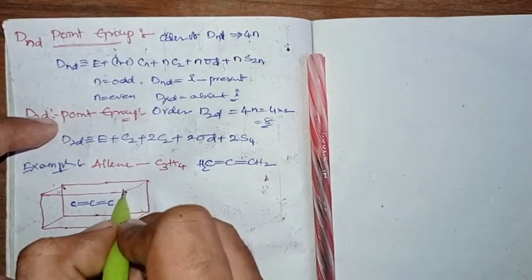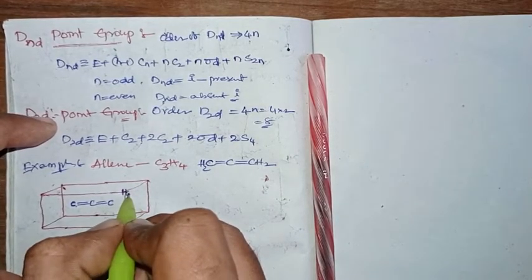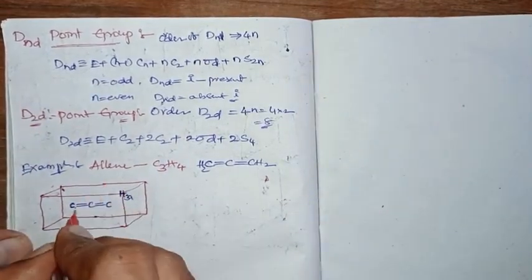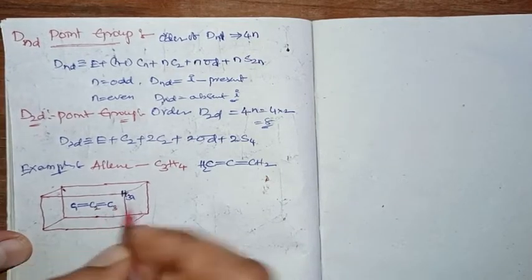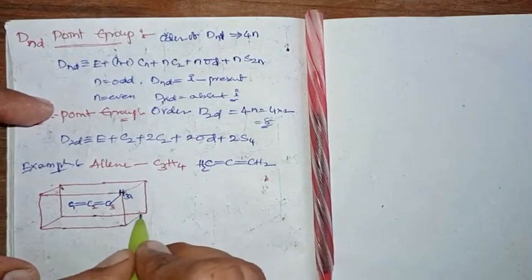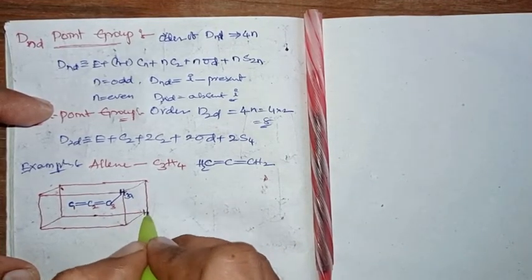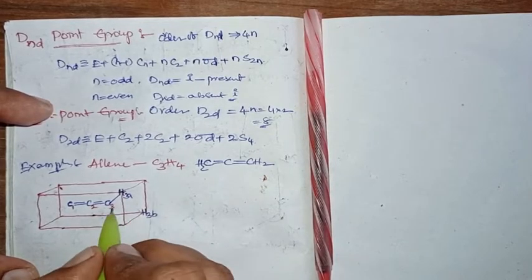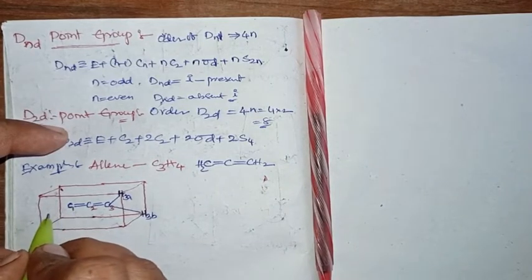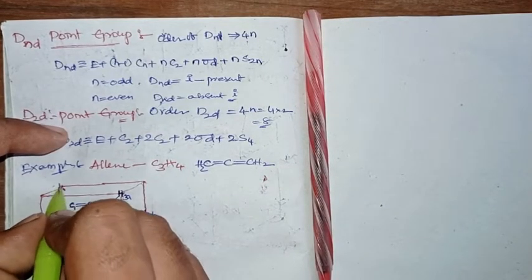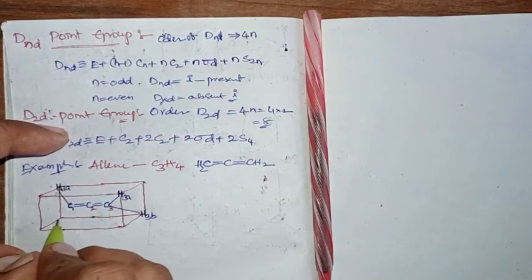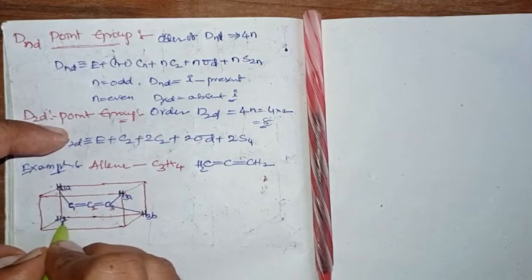So here, if we are having one hydrogen H3A, considering carbons 1, 2, 3, the hydrogen connecting the third carbon will be here, and alternatively here H3B will be there. The same goes for carbon one: this is the position H1A, and this is the position H1B.